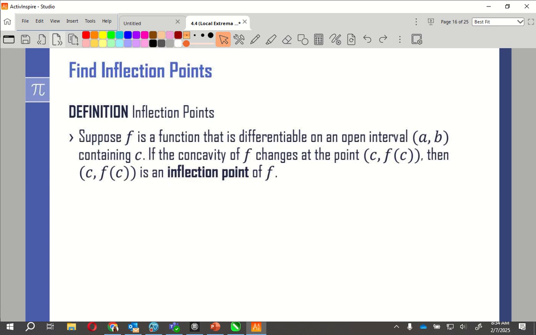That's where I get my points of inflection. Points of inflection is where my second derivative equals 0.